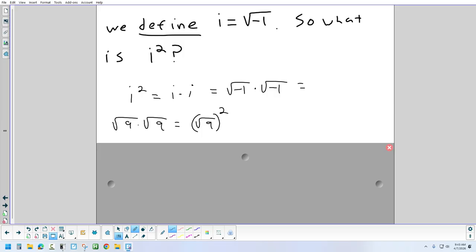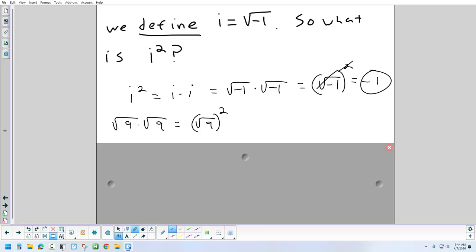So this is like saying you're taking the square root of negative 1 and you're multiplying it by itself. Well, when you raise a square root to a square power, they cancel each other out. And what are you left with? You're left with negative 1.